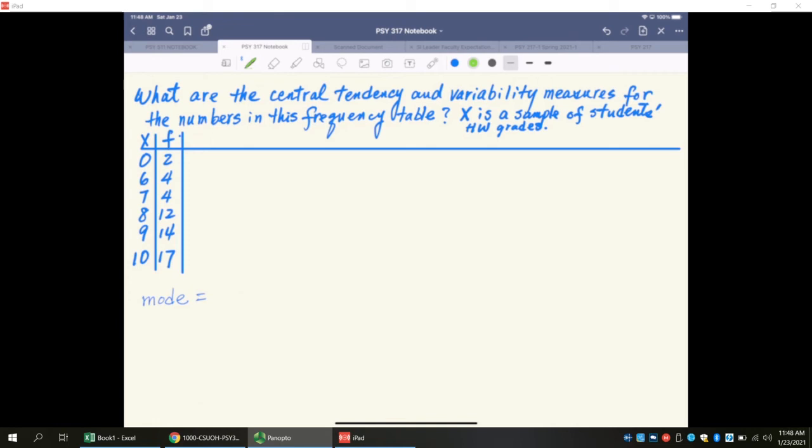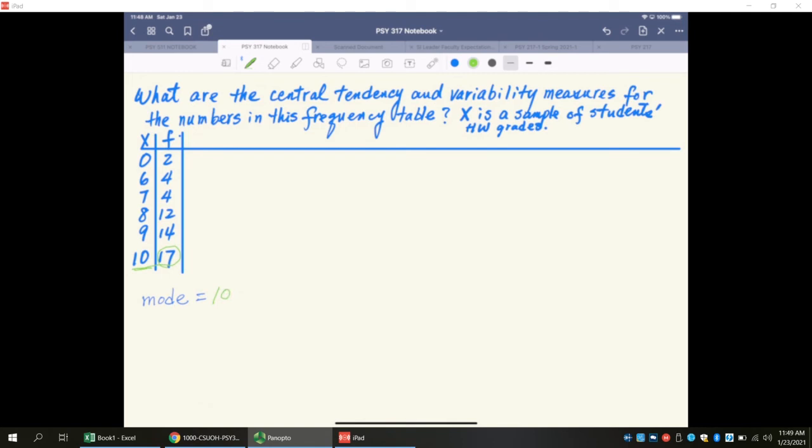Do not answer the mode as 17, because the mode's definition is the value with the highest frequency. So the highest frequency is 17, but you need to see what the original value is. The original value is 10.